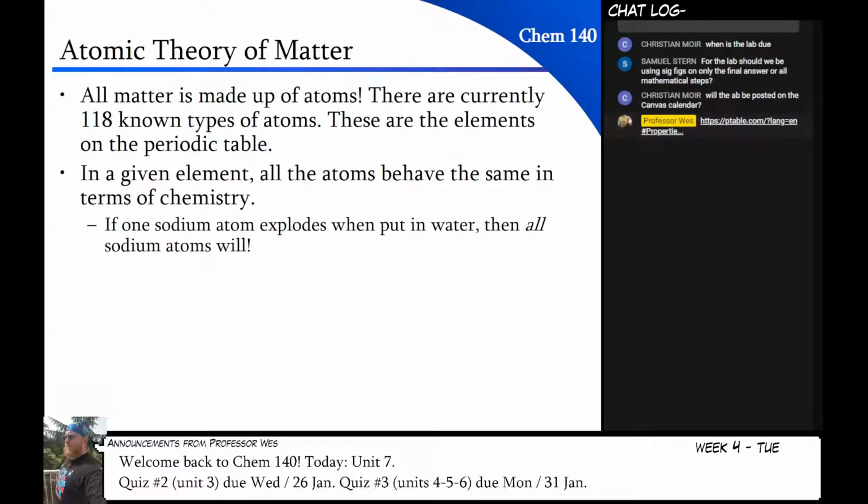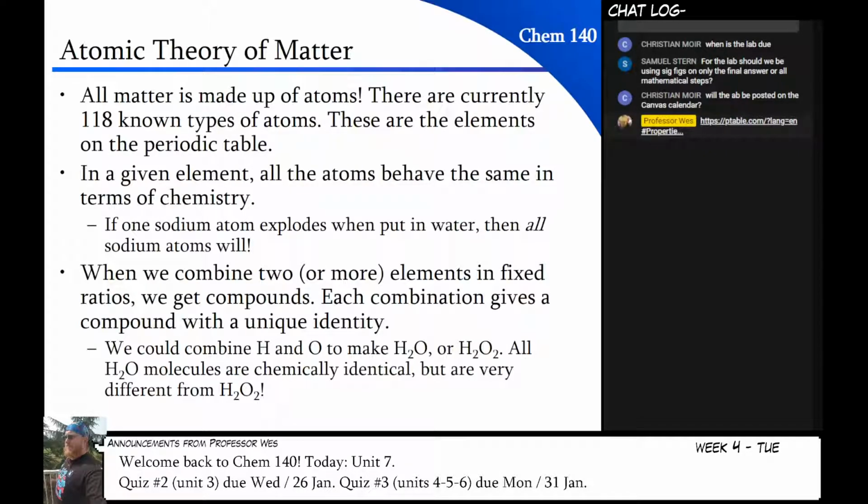Now, are they physically identical? We're going to talk about that later today, and the answer is no. There are some minor differences, but for our purposes in chemistry, all these elements are unique, and all atoms within the element are identical.